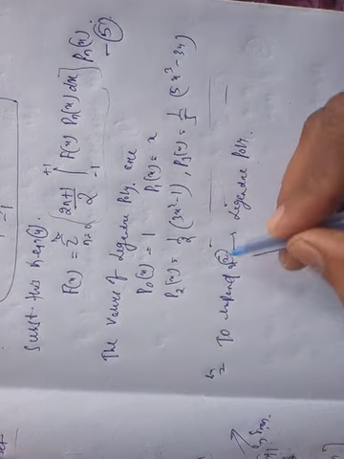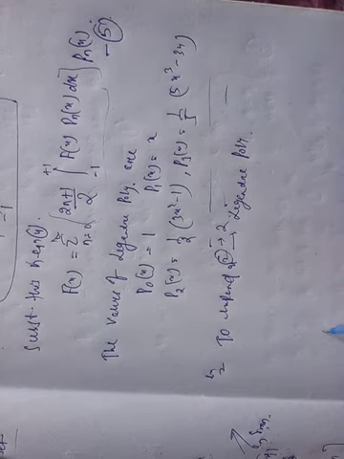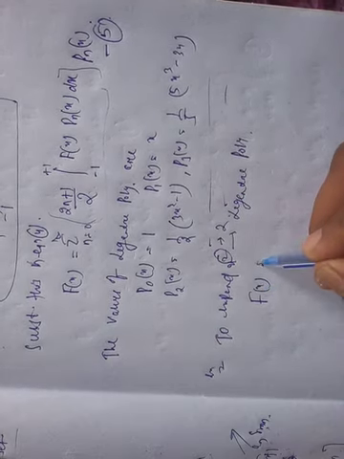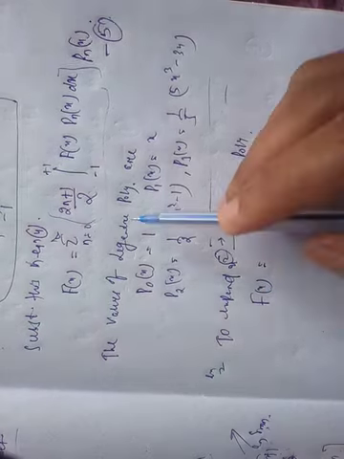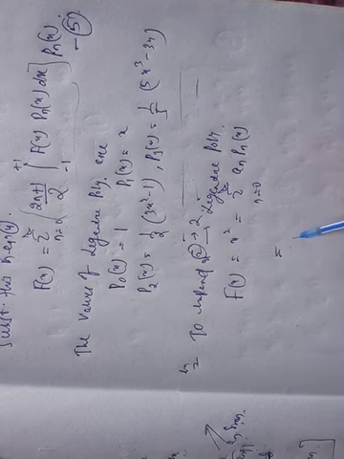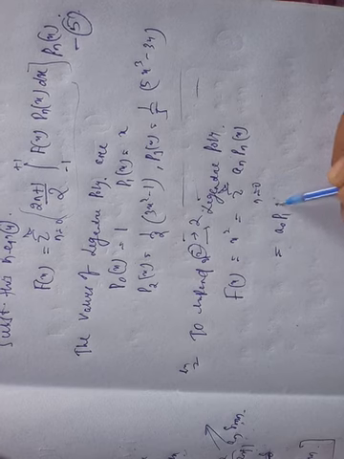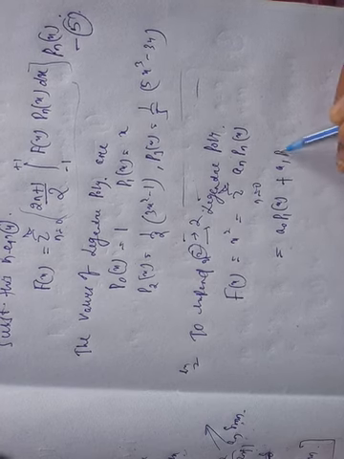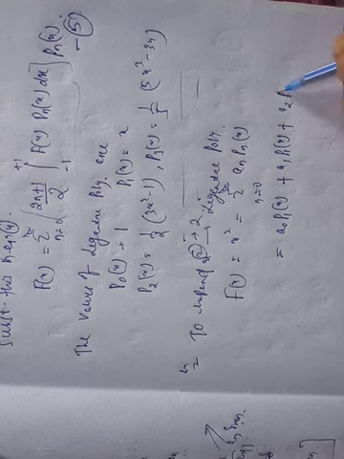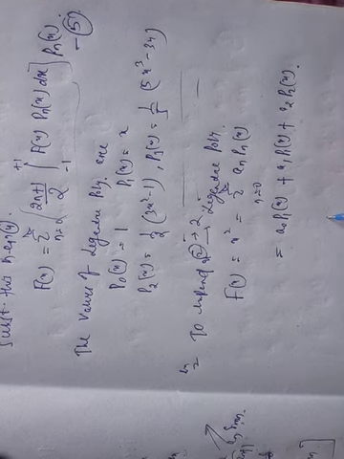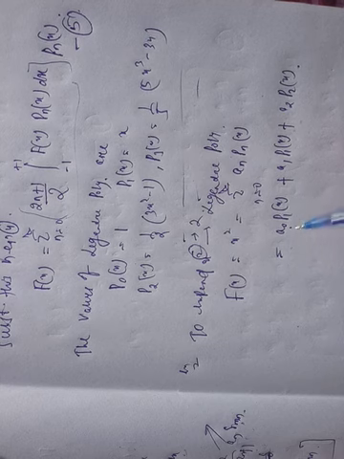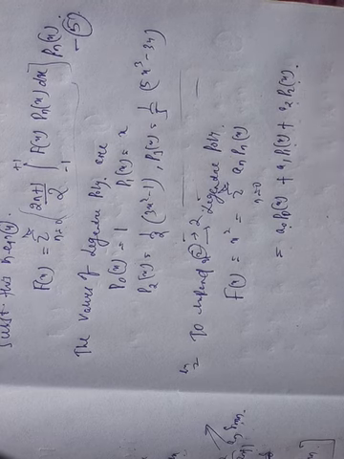So what is the degree of x square? It is 2. So we can write f of x equals x square equals summation over n equals 0 to infinity of a n P n of x. So we can write a0 P0(x) plus a1 P1(x) plus a2 P2(x).